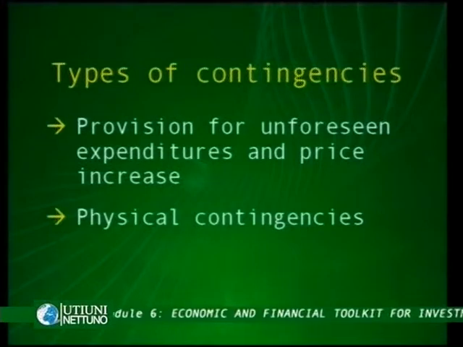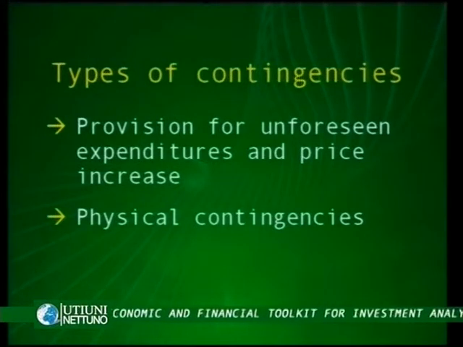We have physical contingencies that are related to the design of the product or the productive process. What does it mean? It can happen that if we are developing a new product, the design of the product will change as compared to the initial design, to the initial technical project, or we could need different components.